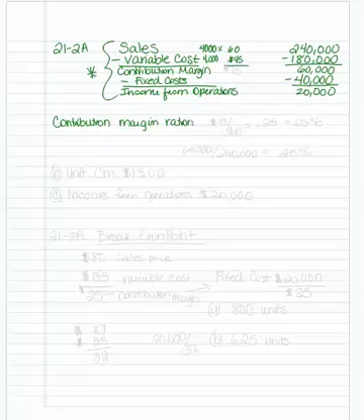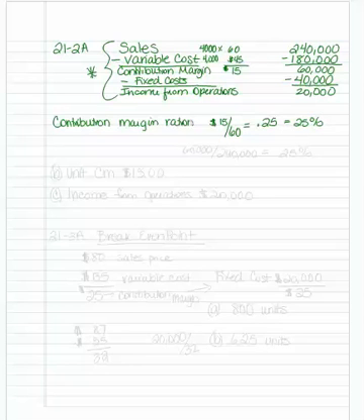Therefore, you're going to make $15 on each unit. So, contribution margin, the ratio, you can figure out a couple of different ways. One is you can say $15 divided by 60, which is the total sales price. If you say 15 divided by 60, you're going to come out with 0.25, which is 25%.